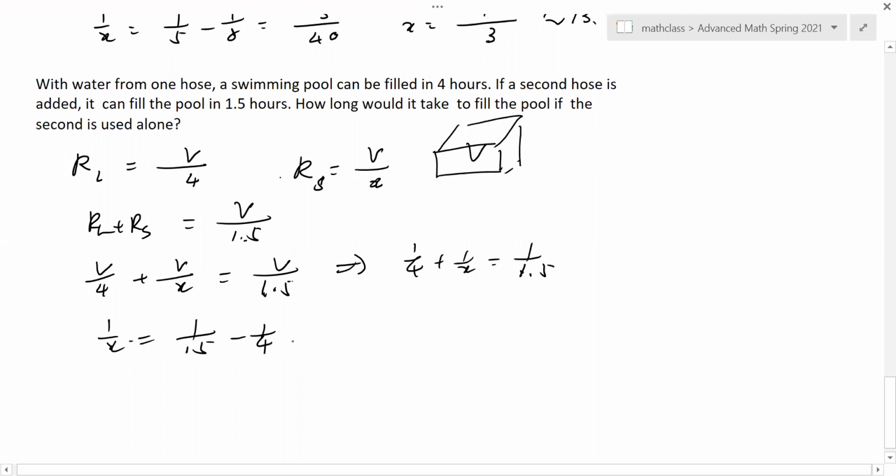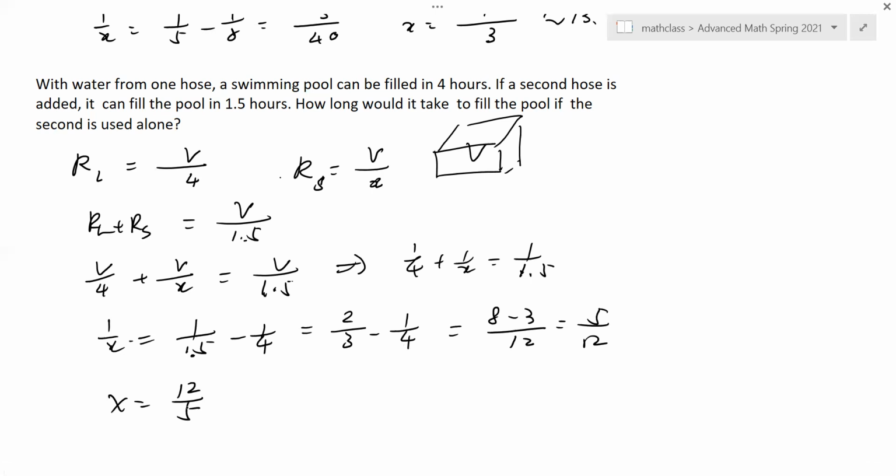Then you simplify. 1.5 you can write as 3 over 2, so it's 2 over 3 minus a quarter. Then they have a common denominator of 12. 8 minus 3 is 5 over 12. Then X is going to be 12 over 5. Great, Michael, good job. It's exactly 2.4 hours.